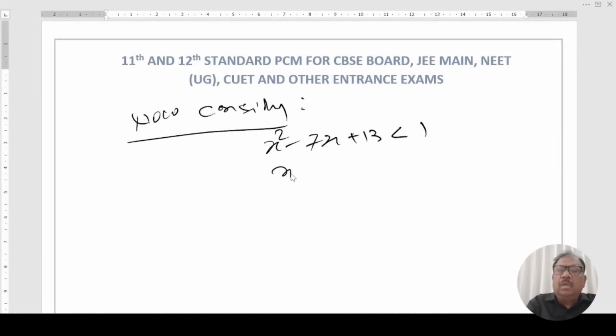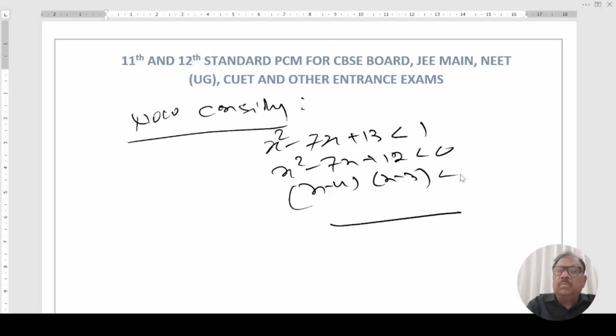This comes out to be x square minus 7x plus 12 less than 0. x minus 4, x minus 3. The numbers come out to be 3 and 4, with x inside. Since x belongs to 3, 4.